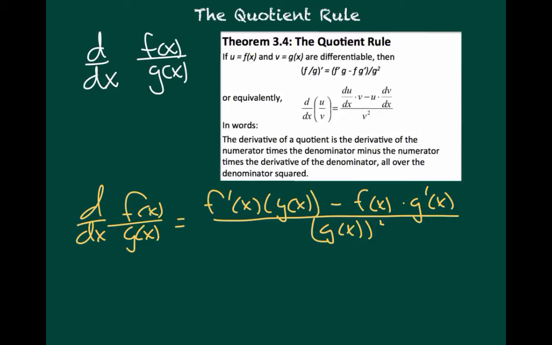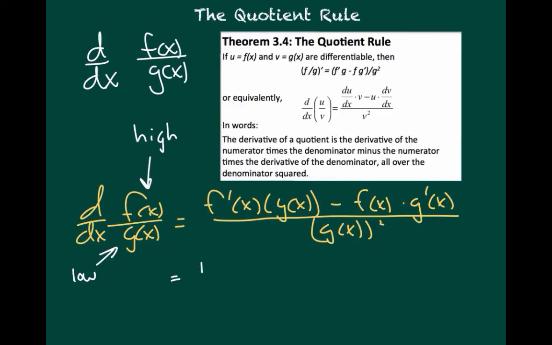Now, there's a little mnemonic that I think is really helpful. If we were to refer to the numerator, or what's being divided, as high, and the denominator as low, then we get a little rhyme.